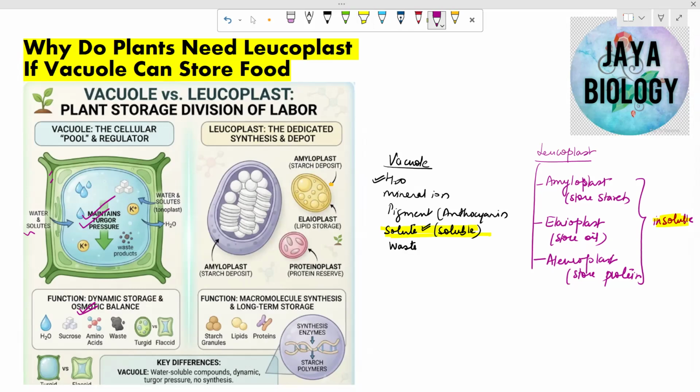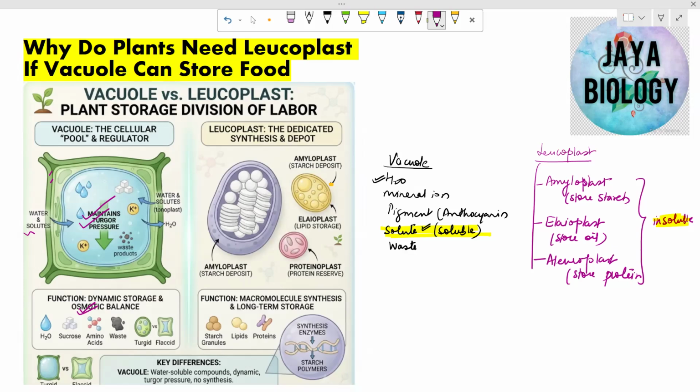Then the osmotic pressure inside the vacuole would increase, and water would enter more. Because of more water entering, more turgor pressure would be created, and it would be difficult for the cell to maintain that balance. Chances are it can rupture also.